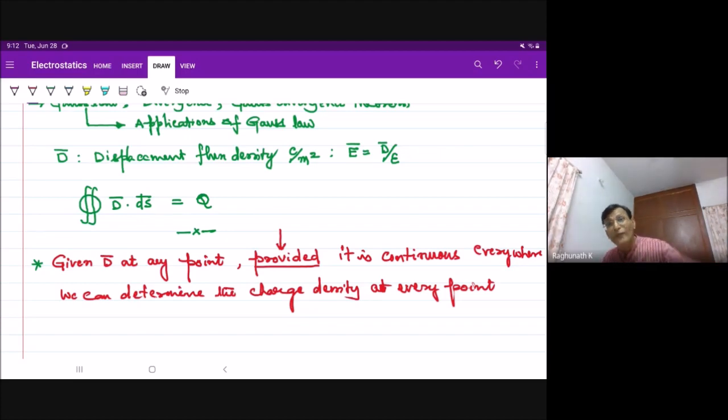And we know very well that in mathematics, only continuous functions are differentiable. Only continuous functions are differentiable. I want you to know this now.